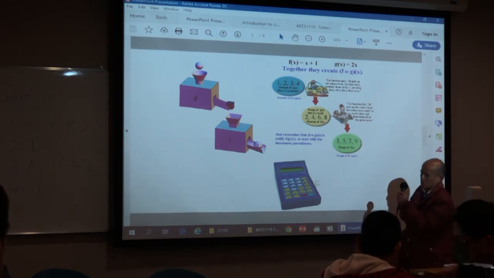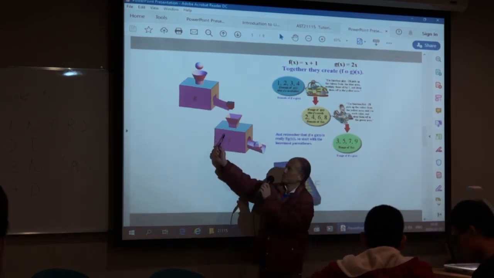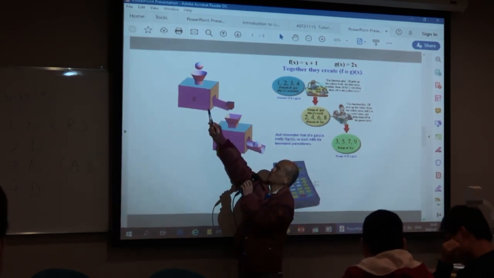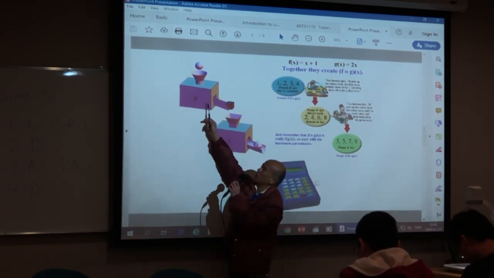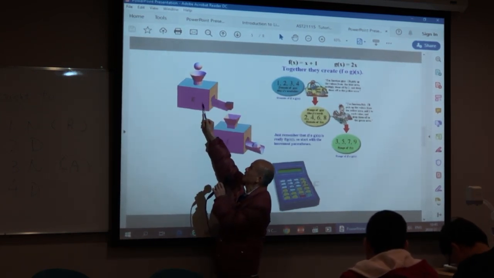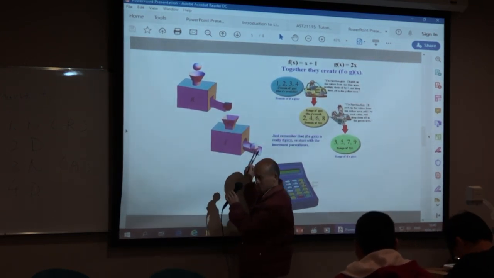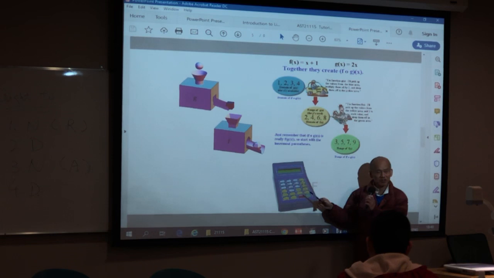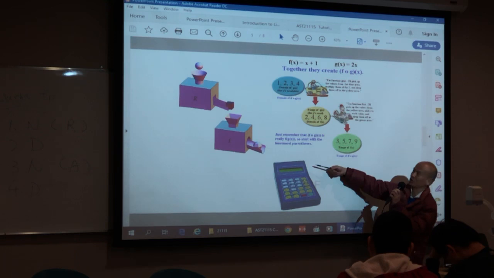A composite function is something like this. You have two machines. The criterion is the output of the first machine can be the input of the second machine. Then you give some input to the first machine and it produces the output, and then this output gets into the second machine and produces the final output. Now, it is not anything strange. We do it many times in our calculations.